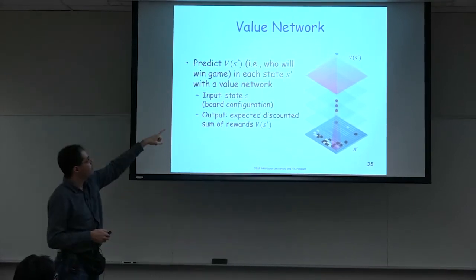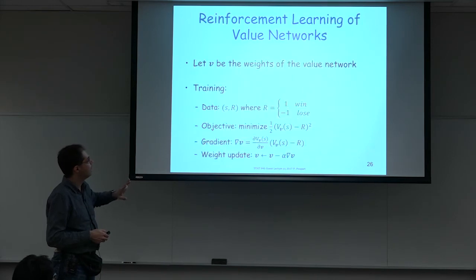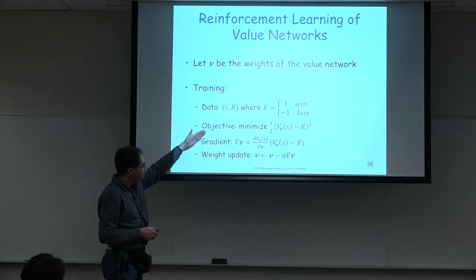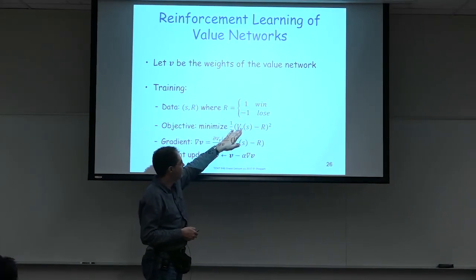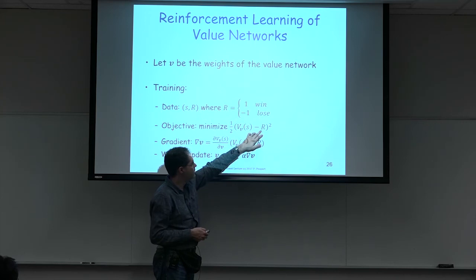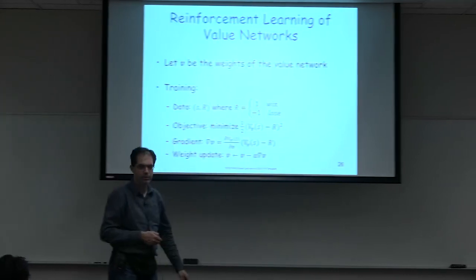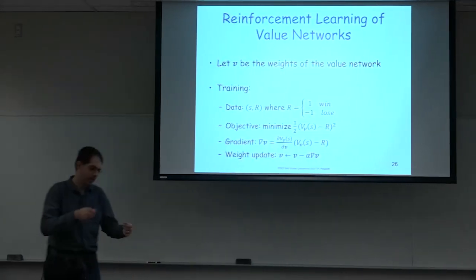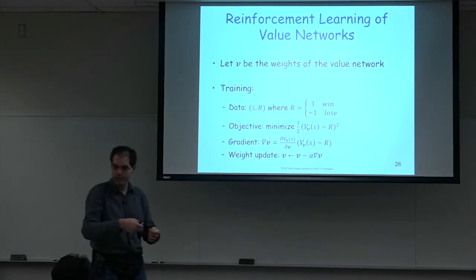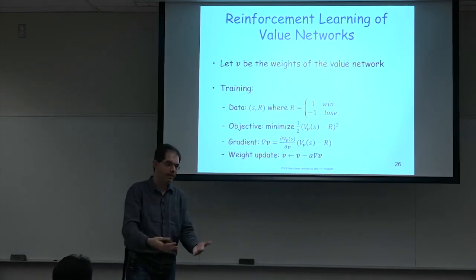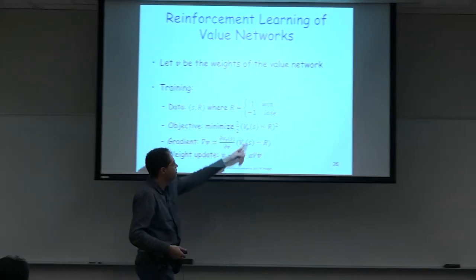And this was trained essentially by minimizing the Euclidean distance between what the value network currently generates and what is the outcome of the game. Okay, so again, they get a network to play against previous versions of itself, and if it wins, this is going to be +1.